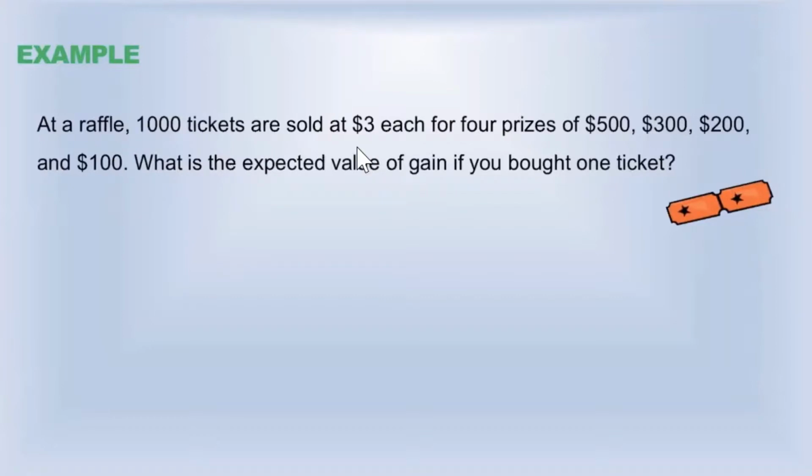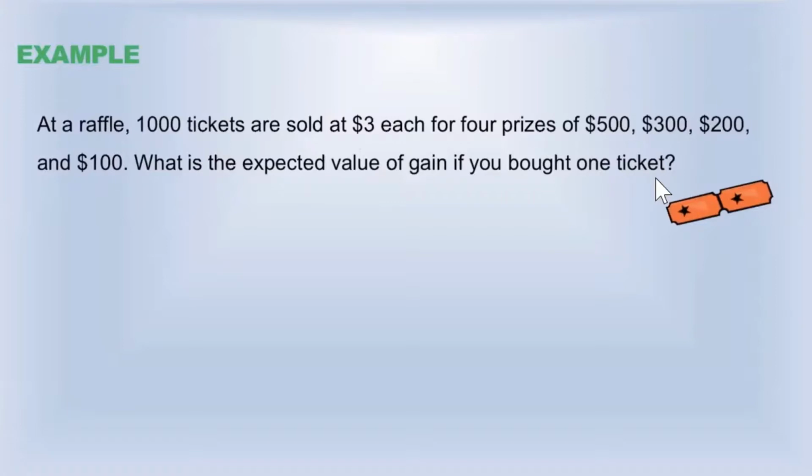They are giving out only 4 prizes: $500, $300, $200, and $100. What you're asked to calculate is the expected gain. What is the average gain you'll have by buying 1 ticket? Is this question clear to everyone?